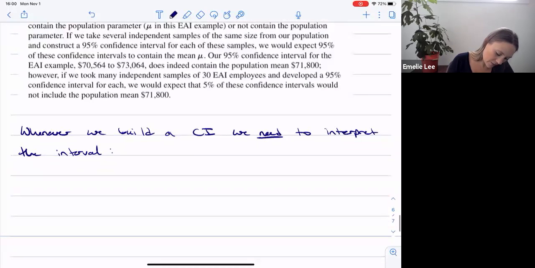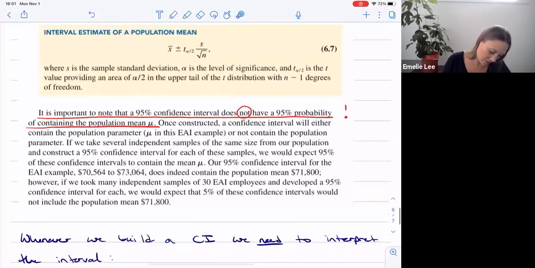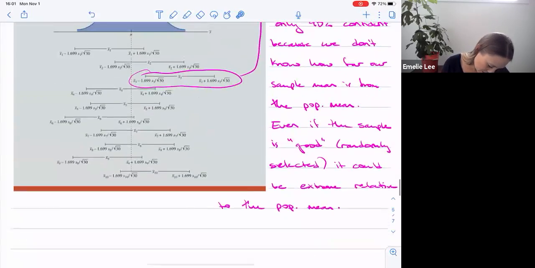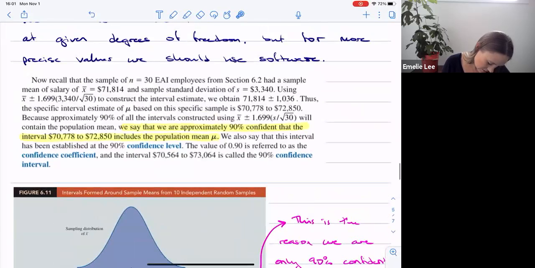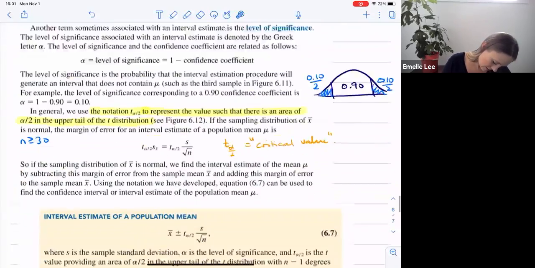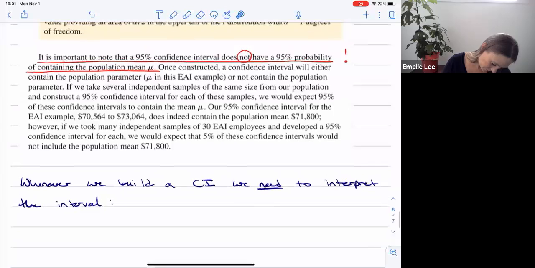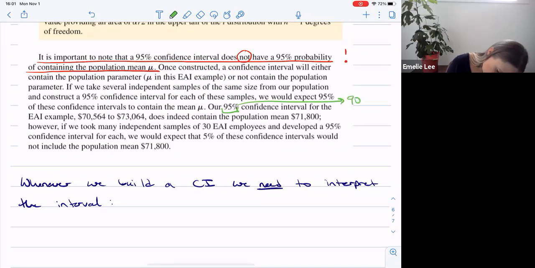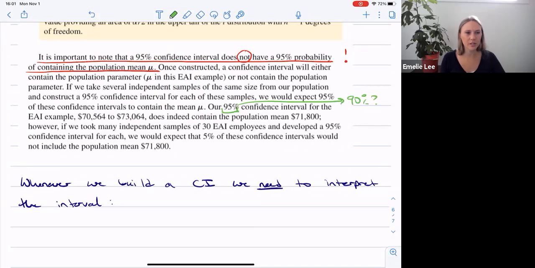So our 95% confidence interval, if we built it, I thought we built a 90% confidence interval, but maybe these aren't the same values. Are these the same values? I think they're 70, 73. 90%, pretty sure.